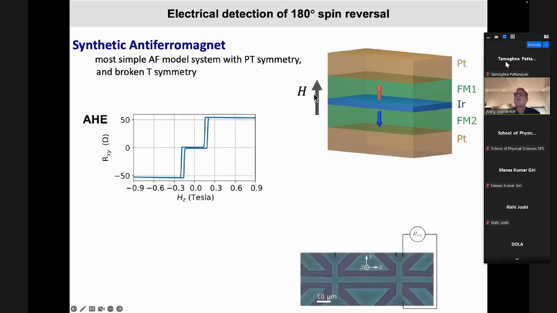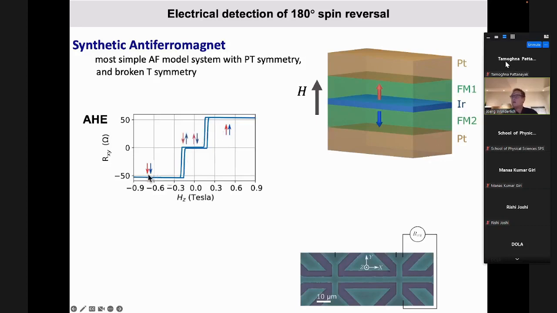This material has an out-of-plane anisotropy, and if you apply a magnetic field along the z axis, if the field is strong enough, you can break the antiferromagnetic coupling and get a parallel state. And then our anomalous Hall effect measurement indeed can distinguish the two states where both layers are forced to be parallel to a strong magnetic field.